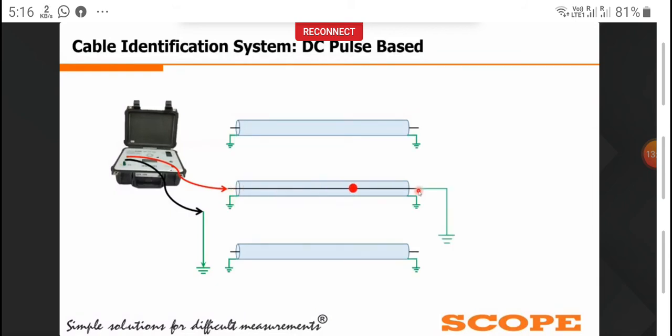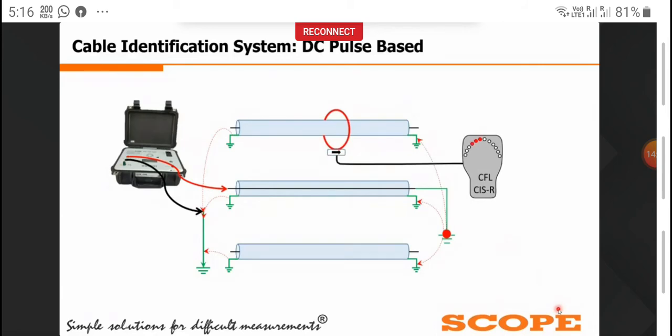Okay, as all the cable sheets and conductor sheets are earthed from both ends, the return path is created through their armor. Whenever we inject the DC pulses using the transmitter, these pulses travel in one direction.